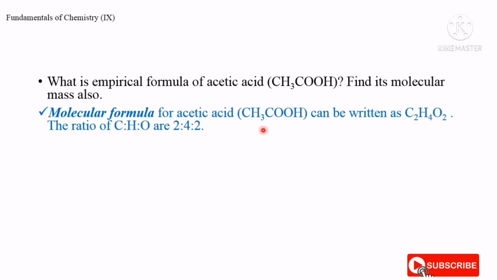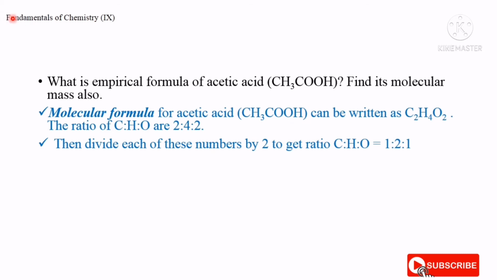As we can see, there are 2 atoms of carbon, so C2, there are 4 atoms of hydrogen, 3 plus 1, and 2 atoms of oxygen, and the ratio of carbon, hydrogen and oxygen is 2:4:2.